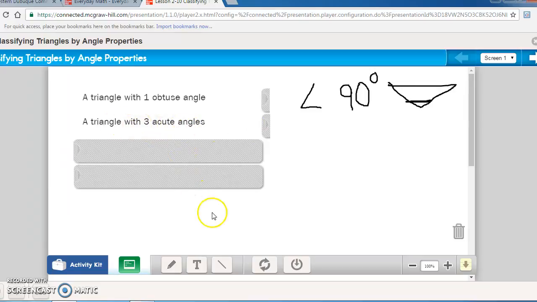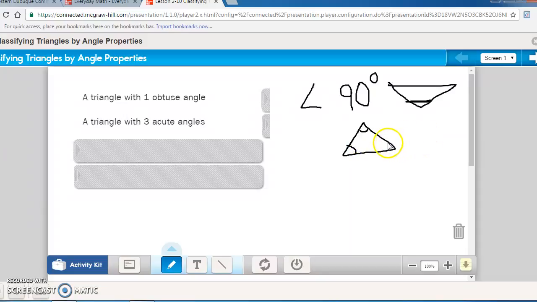A triangle with 3 acute angles. Well, you could draw that as an equilateral triangle, because if you have equal sides, and we look at our angles inside, 1, 2, 3, you can see that those are all acute, meaning that the angles are less than 90 degrees.